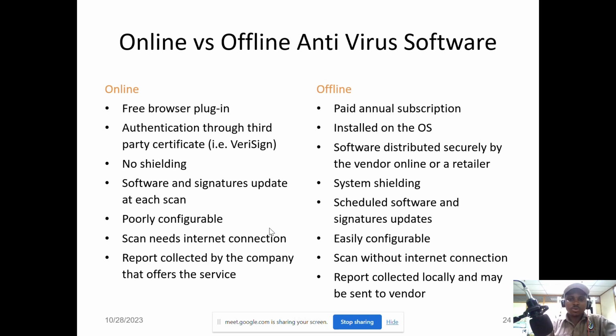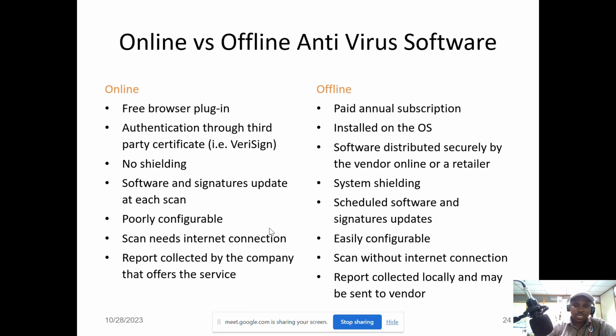Then if it is offline, maybe you pay an annual subscription, or maybe a monthly subscription, installed on the operating system that you'll be using, and also the software is distributed securely by the vendor, online, or a retailer. So system shielding will always be there, since it will be on your system.